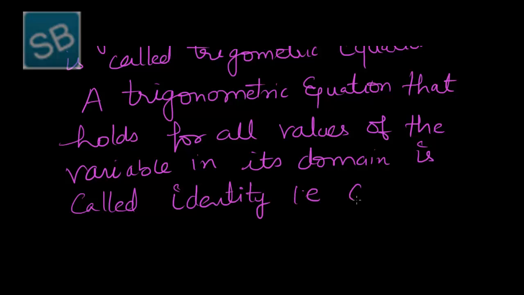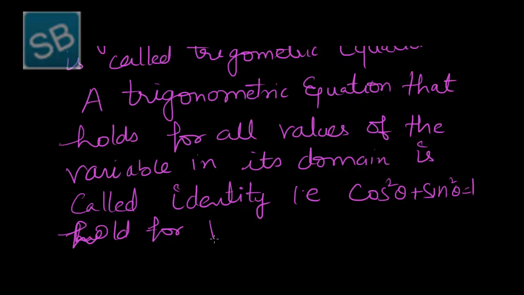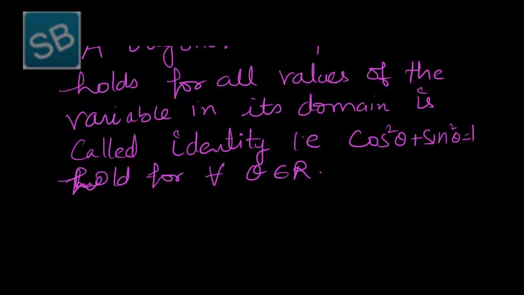That is, for example, cos square theta plus sin square theta is equal to 1 holds for all theta belonging to R. So this is called an identity, and the other is an equation.